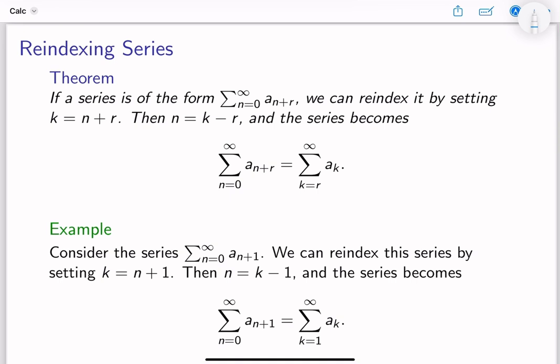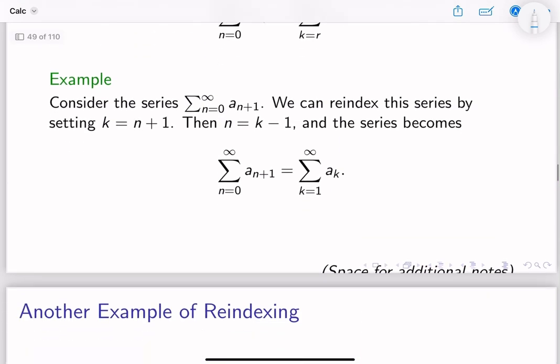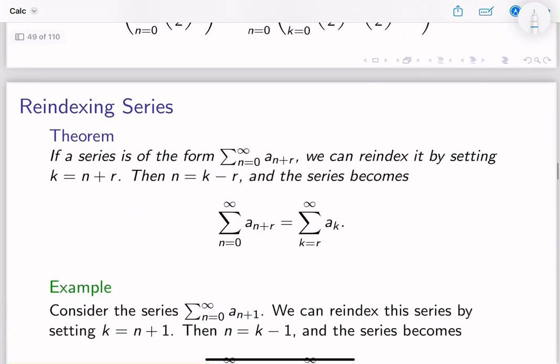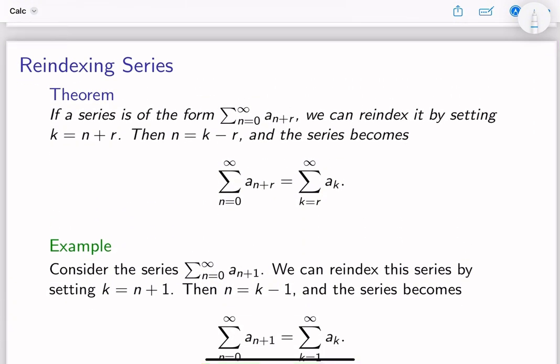Before I tell you what the general rule is, let's take a simpler example. Take the sum of 1 over 2 to the n as n goes from 0 to infinity. We know that this is equal to 2, right?